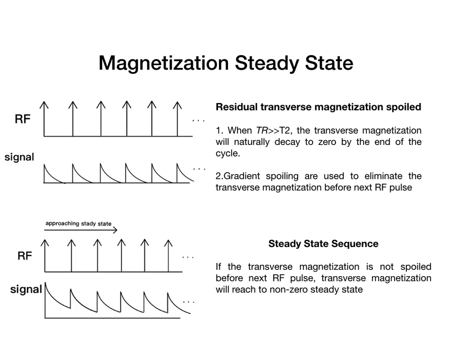This sequence can be realized in two ways. First, when TR is far more than T2, the transverse magnetization will naturally decay to zero by the end of the cycle. Second, gradient spoiling is used to eliminate the transverse magnetization before the next RF pulse.